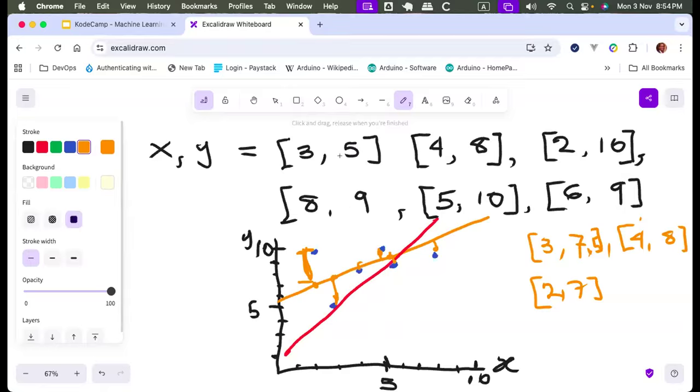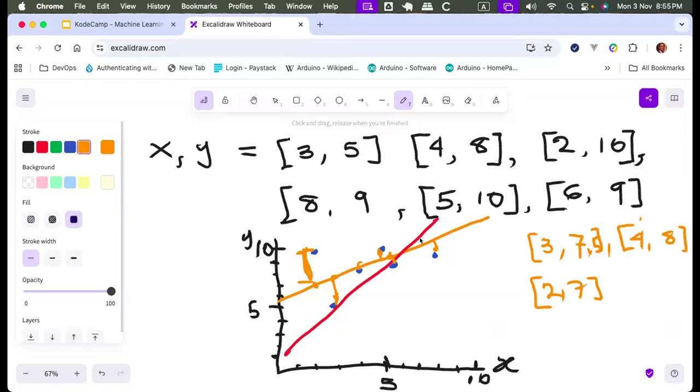Rather, we want the positive and negative to add up. So that's why we have what we call mean absolute error and mean square error. In the case of mean absolute error, we will take absolute values. But in the case of mean square error, we'll take squared values.